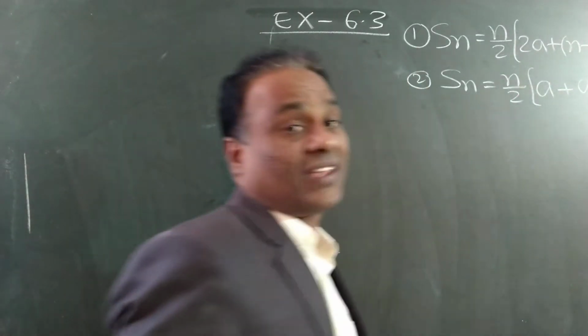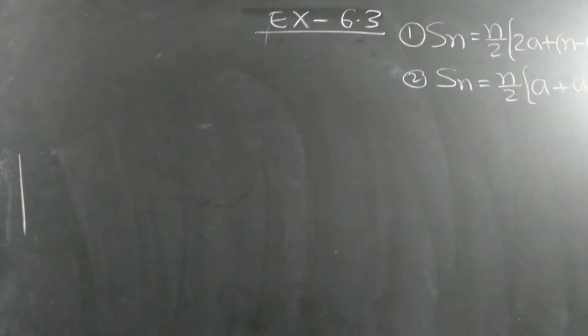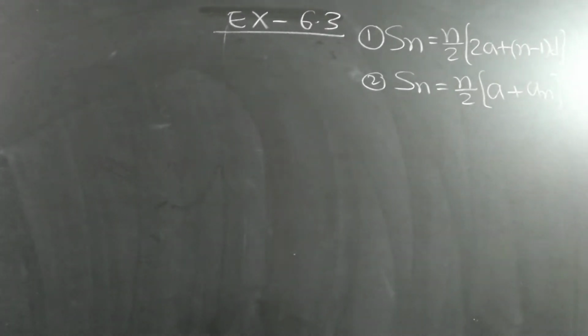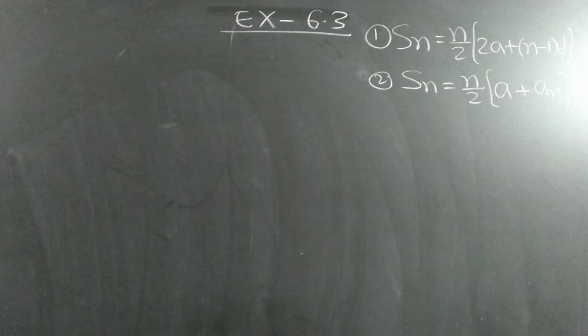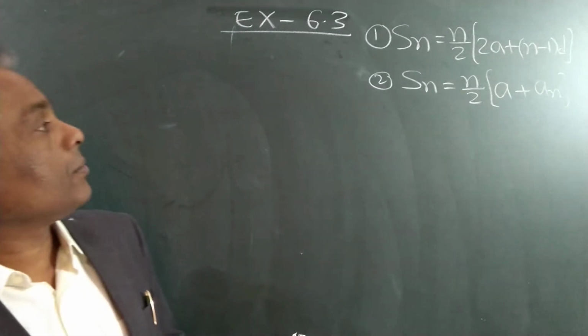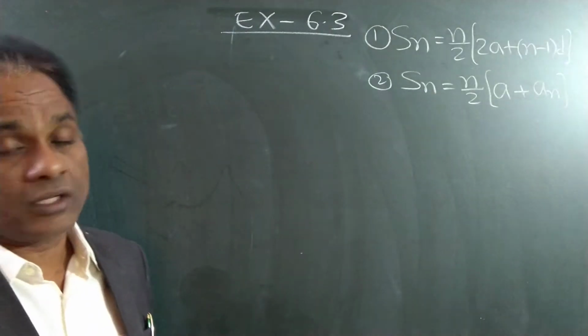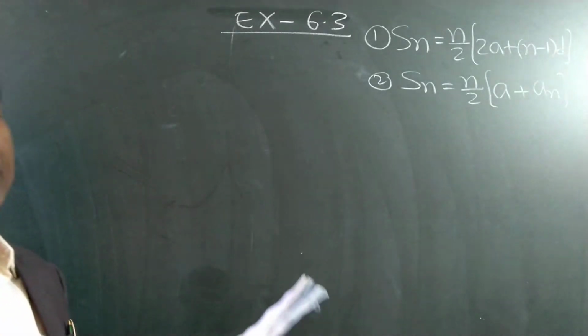Last term can be written as an or l, we can use l as the symbol for the last term. So n by 2 into 2a plus n minus 1 into d, or n by 2 into a plus l. These two formulas I derived, and after that we started exercise 6.3.